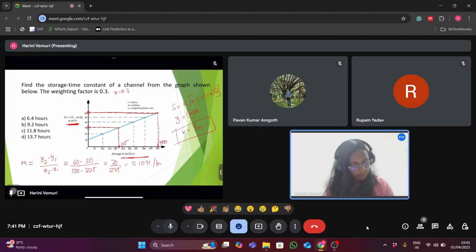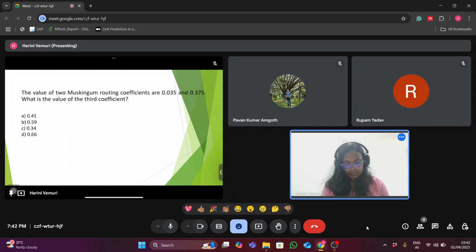As I've told, K is equal to 1 by m. So K equal to 1 by 0.1091. Once you calculate it, it will approximately come as 9.2 hours. So it's option B.